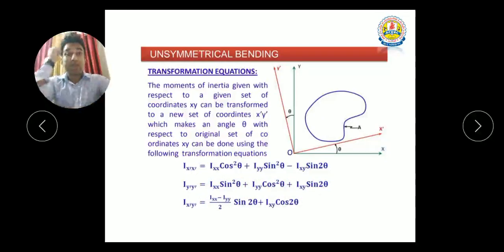Similarly, Ix'y' is equal to (Ixx minus Iyy) divided by 2 times sin 2 theta plus Ixy cos 2 theta.